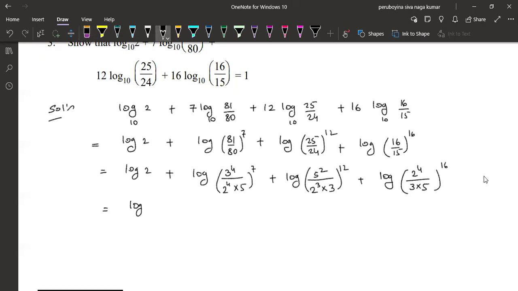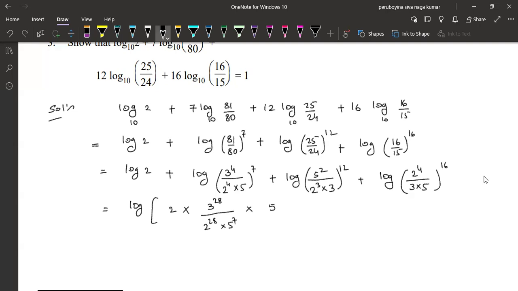We know this property: if the logarithms are in addition, you can multiply them together. So log of 2 into 3 power 4 sevens are 28 divided by 2 power 4 sevens are 28 into 5 power 7. I distributed the whole power also.